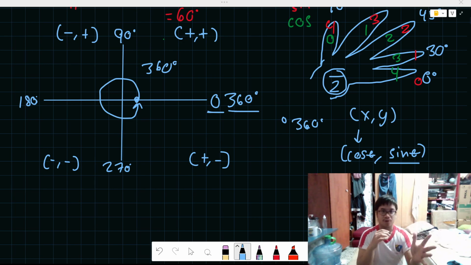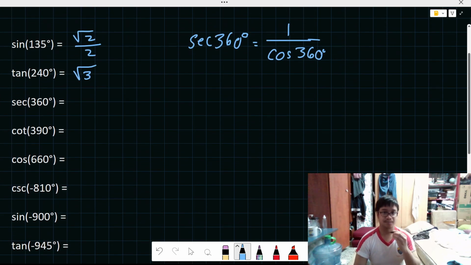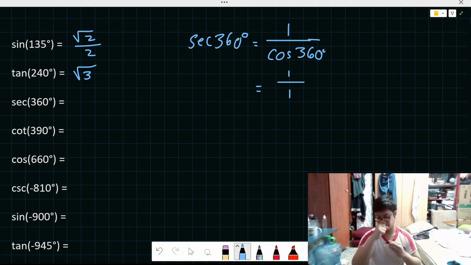So now you got 4. Square root it, you will have 2. Now divide by 2, you have 1. Therefore, the cosine of 360 degrees is 1. And now we simplify. 1 divided by 1 is just 1. Therefore, the answer here is 1.